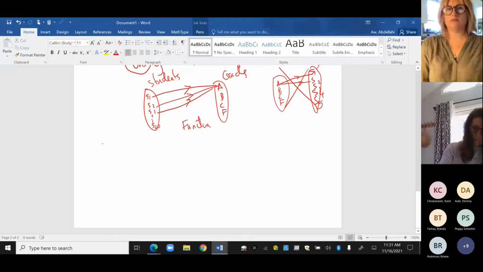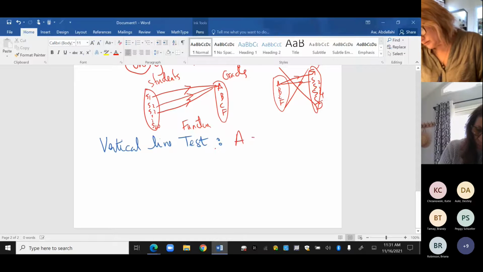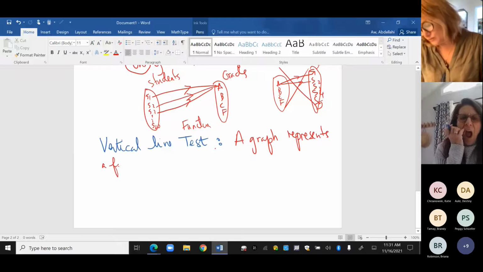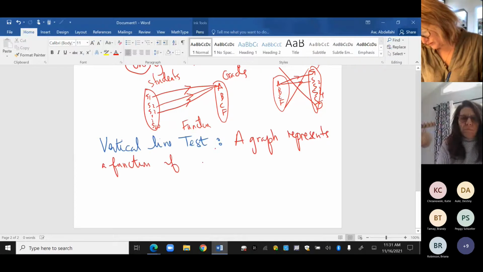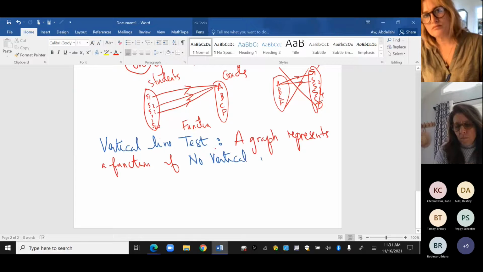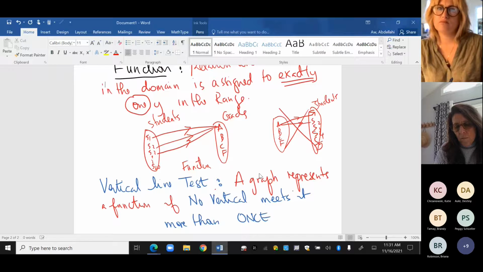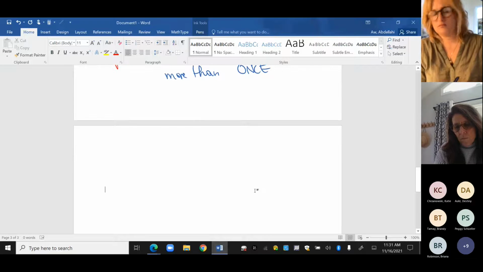So the vertical line test: a graph represents a function if no vertical line meets the graph more than once. If all vertical lines meet the graph only one time at most, then we say it represents a function.